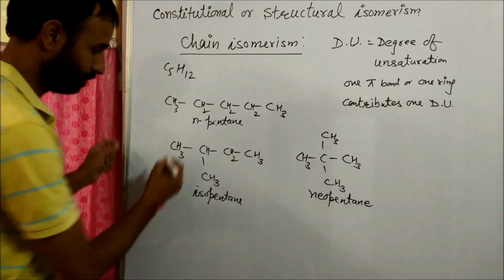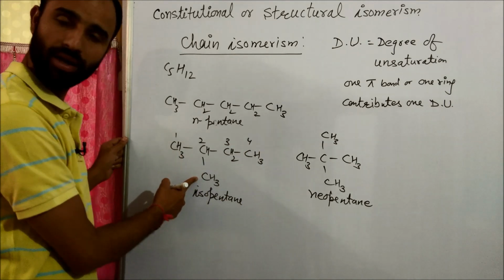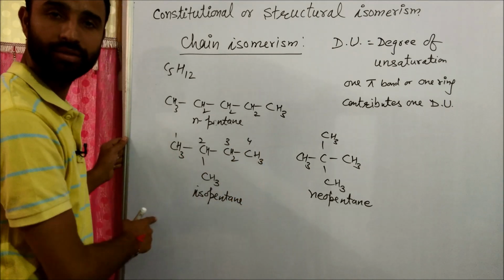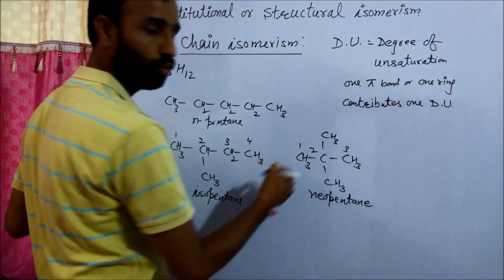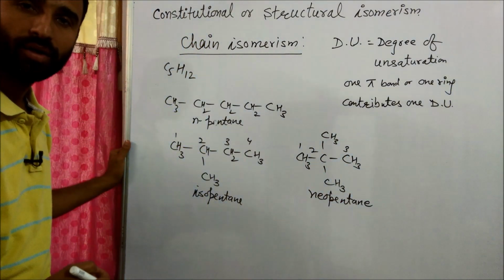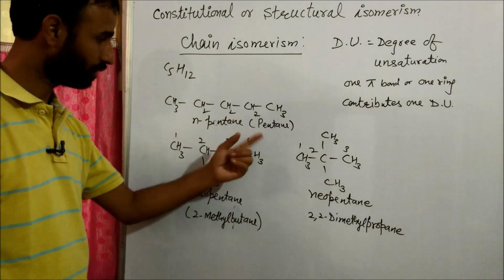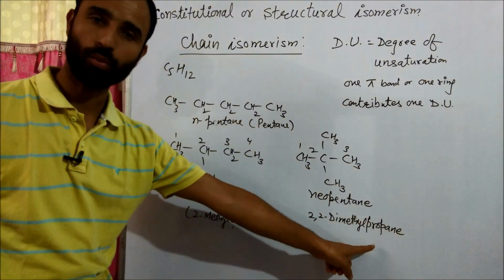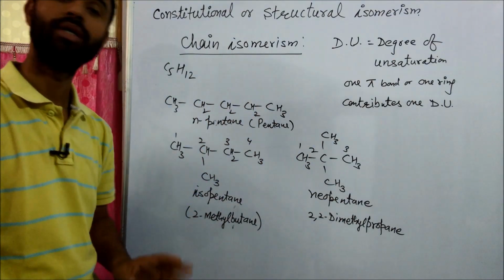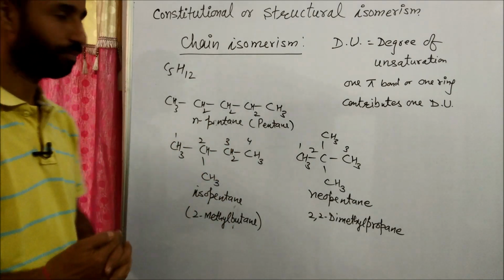What about this? 2-methylbutane and 2,2-dimethylpropane. Chain isomers, because there is a change in word root, pentane, butane, propane, and the carbon atoms are the same. Degree of unsaturation is the same.